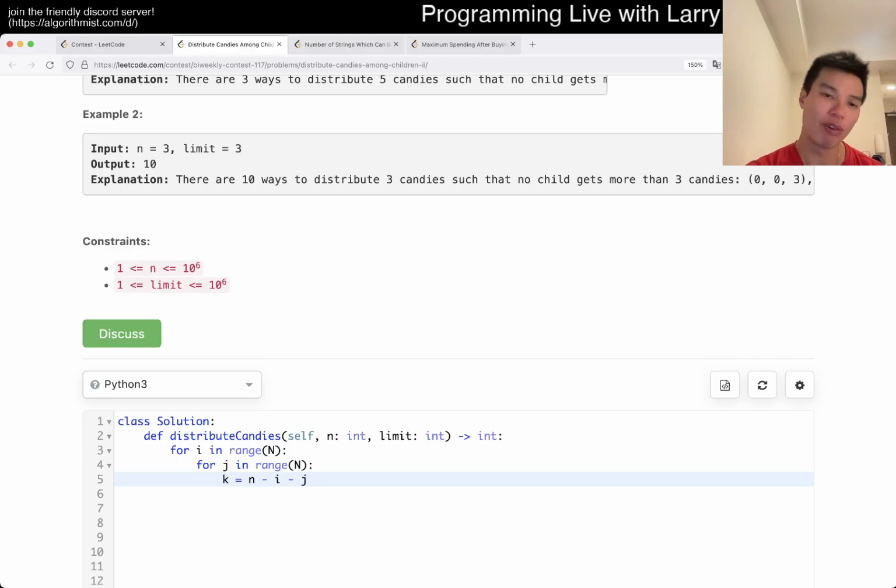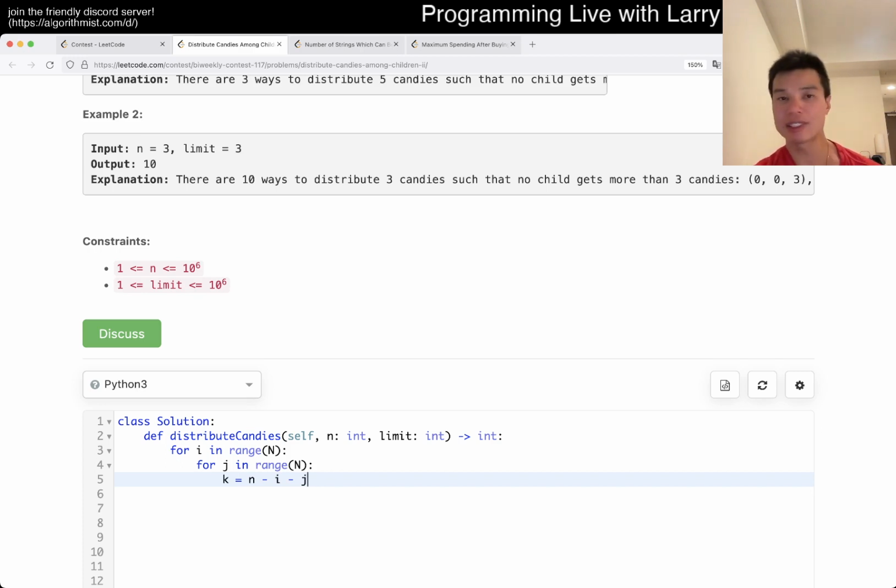So what I was looking for, knowing that n is going to be 10 to the 6, is something O of n or O of n log n, right? Something of that sort. And to be honest, I struggled a lot with finding it, because I was just thinking a lot about trying to find the middle child or something like this.